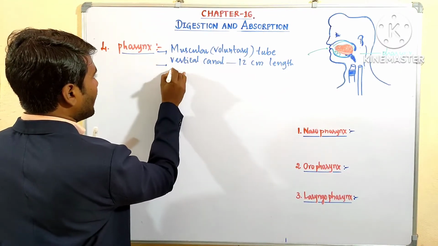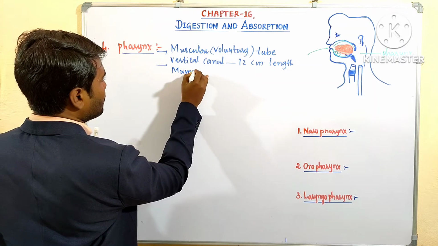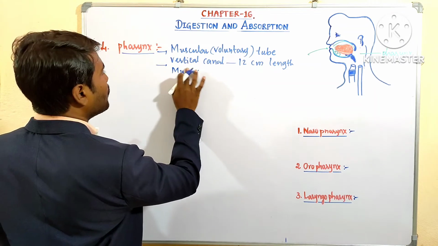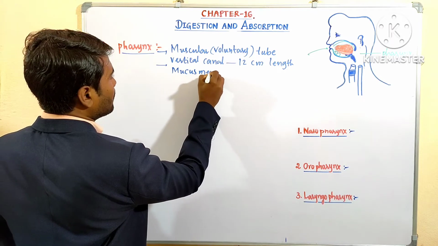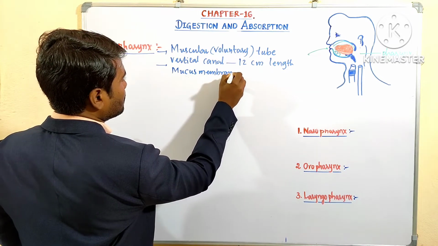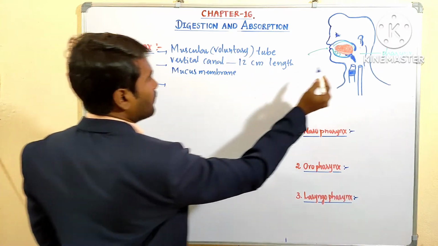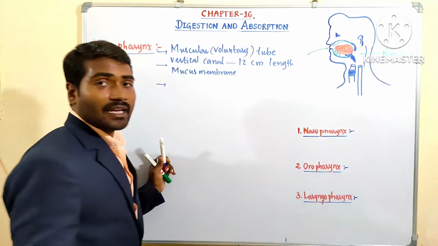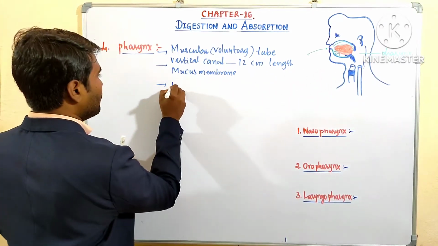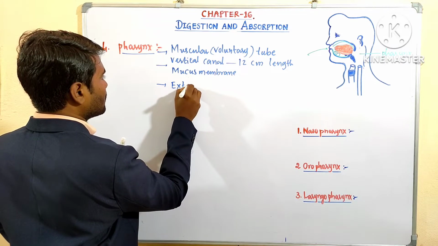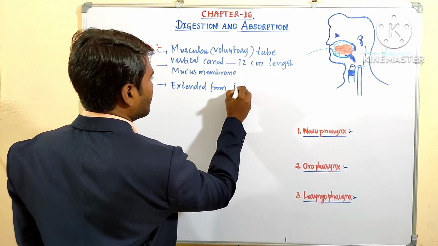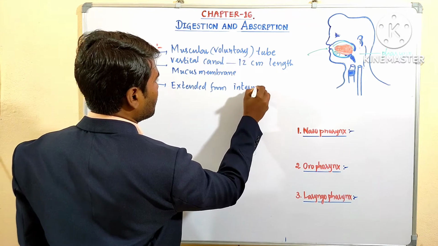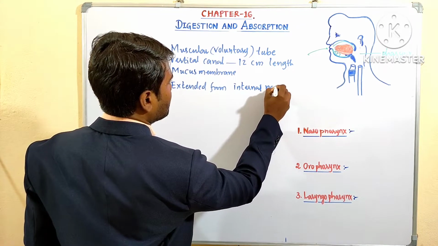It is also lined with mucous membrane. It starts from the internal nares.